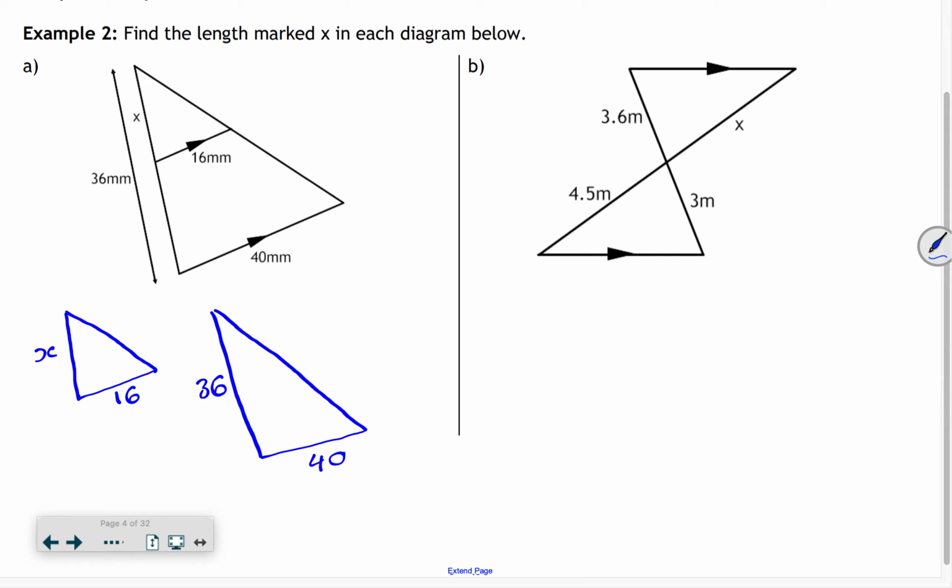Now, I know without even saying, if it doesn't say these are similar, but I know for a fact that these are similar because the angles are totally identical. If you were to look at it, I have got an F angle here. So in my F angle, this angle here is the same as this angle here. That's what I'm marking in red.